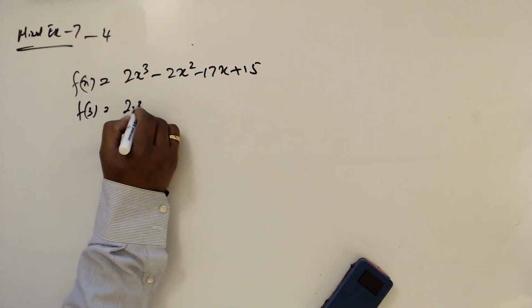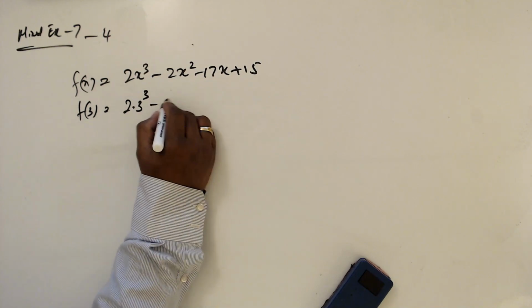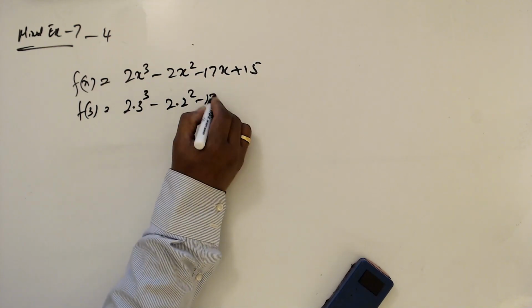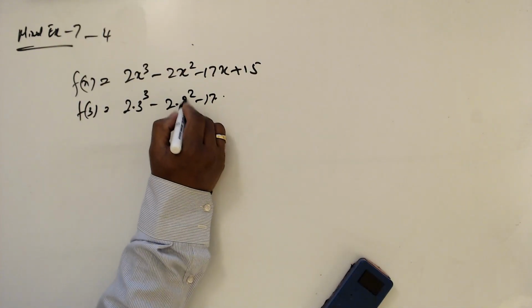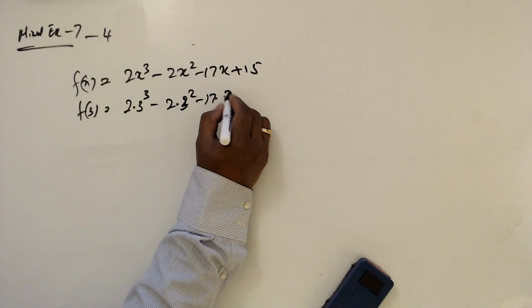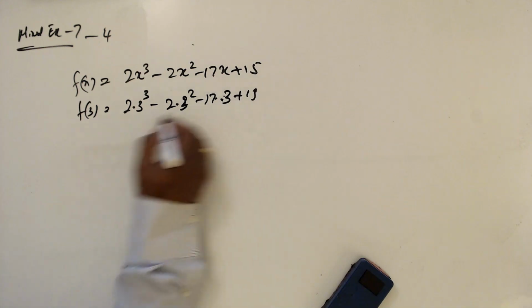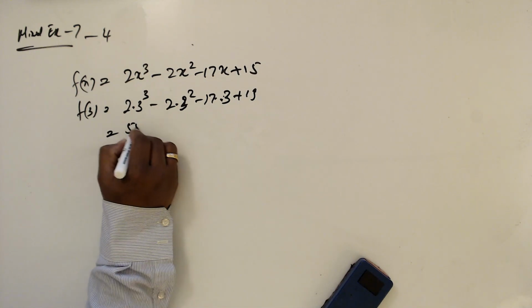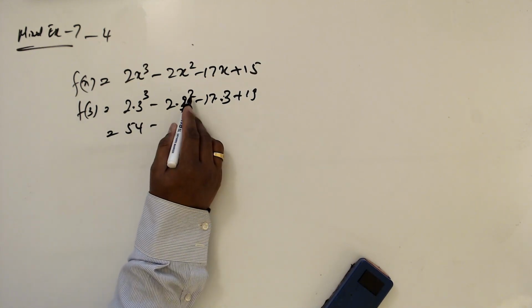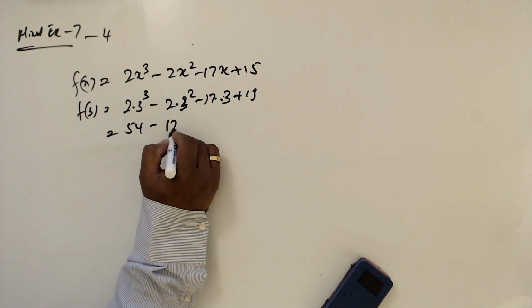Then 2 times 3 cubed plus 2 times 3 squared minus 17 times 3 plus 15. 3 cubed is 27. 27 times 2 is 54, minus 3 squared, 9 times 2 is 18.